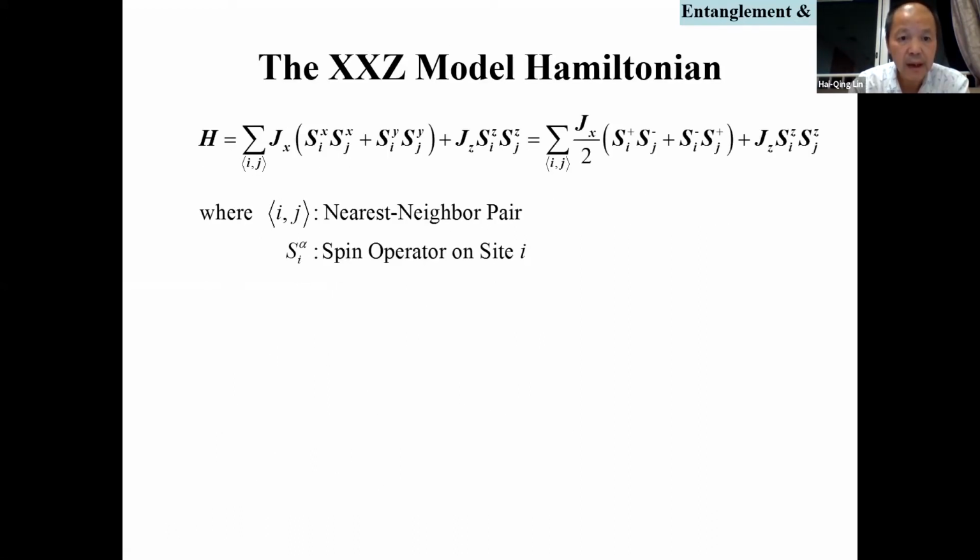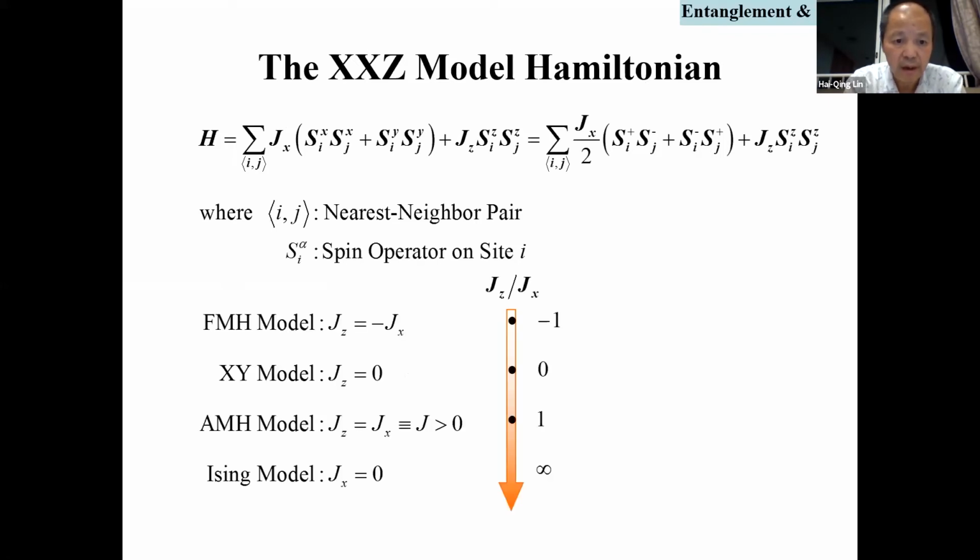Now, the first model I'm going to show you is this familiar XXZ model. You have spin interaction in the XY direction and spin interaction in the Z direction. Then you vary the parameter of the spin interaction in the Z direction, and you will encounter the ferromagnetic Heisenberg model, the XY model, the antiferromagnetic Heisenberg model, and also the Ising model.